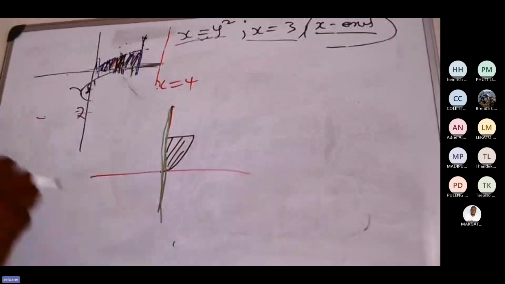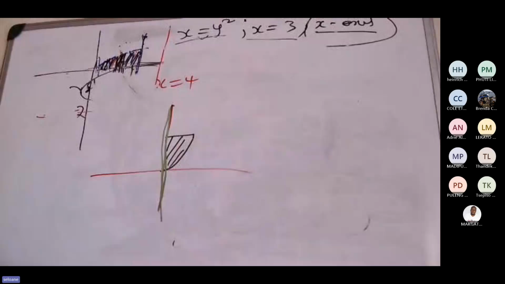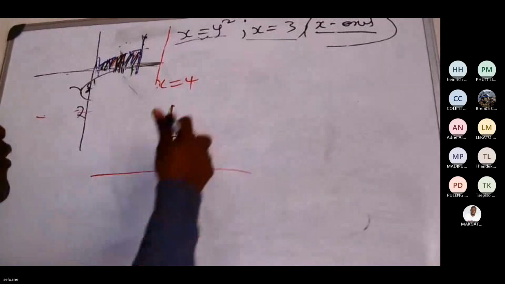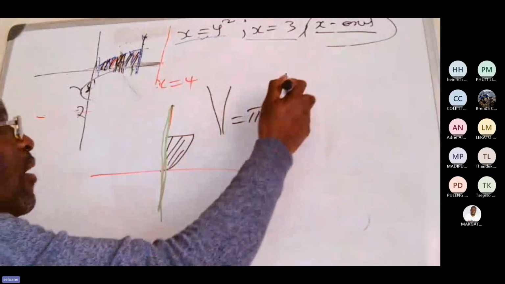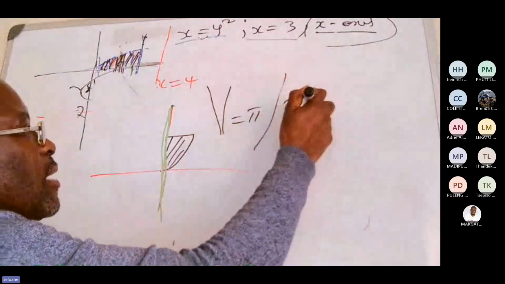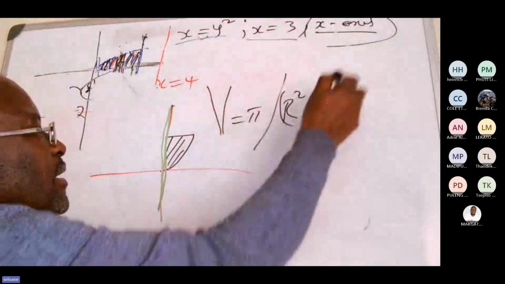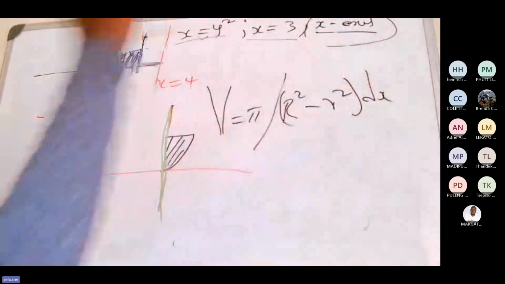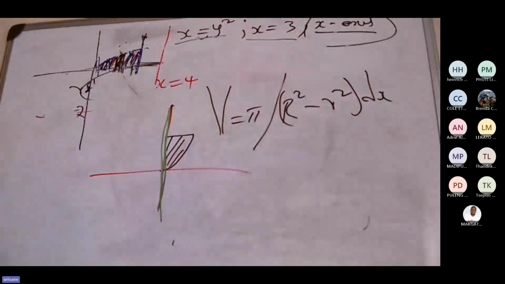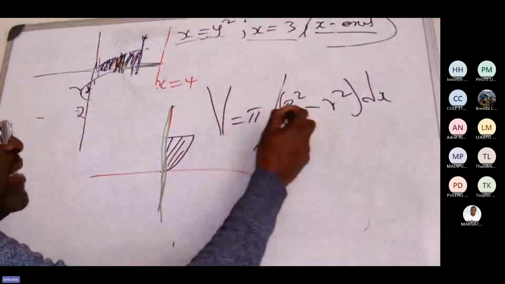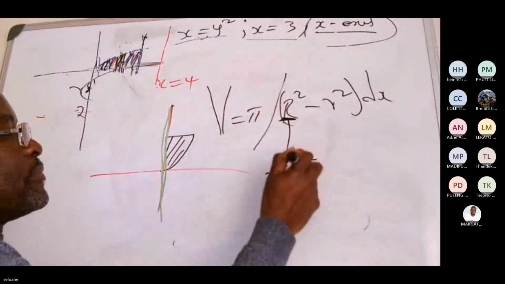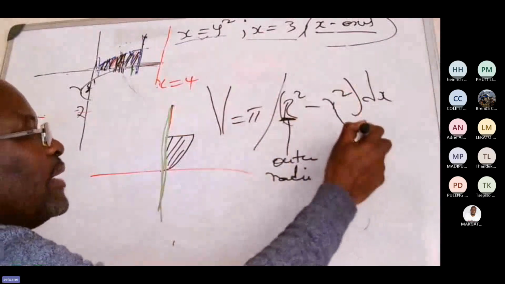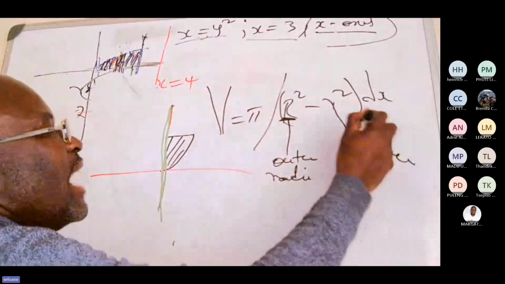But generally, our formula is this. V equal to pi, the integral of R squared minus r squared, and from there it will either be dx or dy. Where this is the outer radius, and this one is what is called the inner radius.